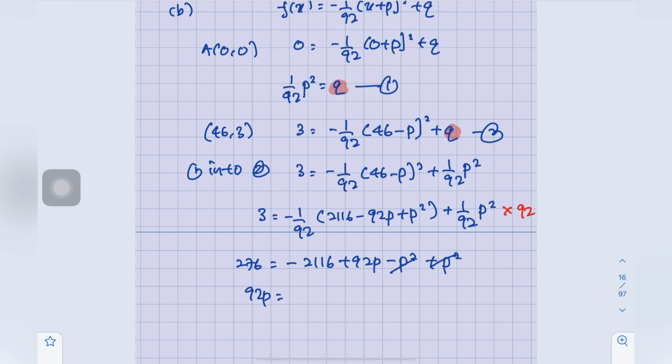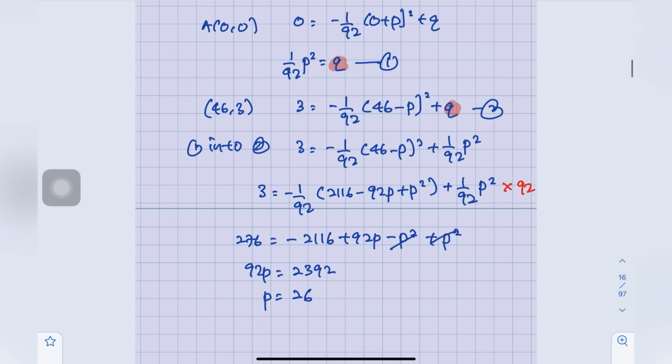92p equals 276 plus 2116, which is 2392. So p is equal to 26. Okay, we got p equals 26. Now substitute into 1, the equation from earlier.